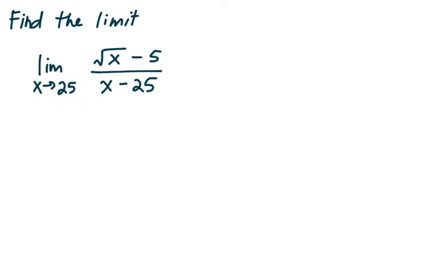So we have to look at and determine a way to manipulate this so that we can plug that 25 in. Now, this is not quadratic in the denominator, so we can't factor it at all. One thing, and the trick that we like to use, especially when we see these square roots in the problem, is to deal with multiplying by 1.